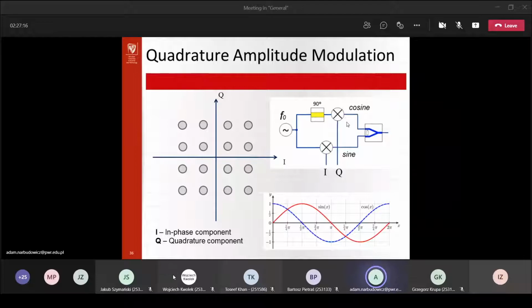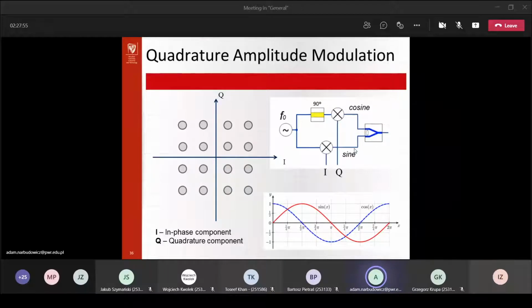This is what is called a mixer. A mixer is a device which combines two frequencies, which basically multiplies signals. So if you have one signal with frequency F0, the other with frequency F1, at the output of the mixer you will get a signal which gives you the sum of the two frequencies.